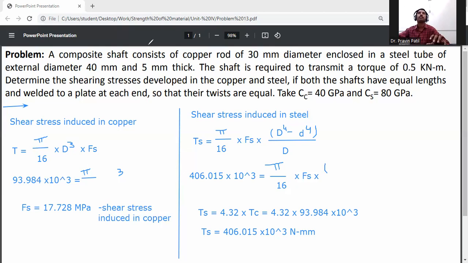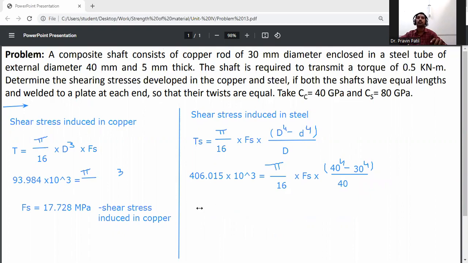Capital D is 40 and small d is 30, so it is 40 raised to 4 minus 30 raised to 4, divided by 40.